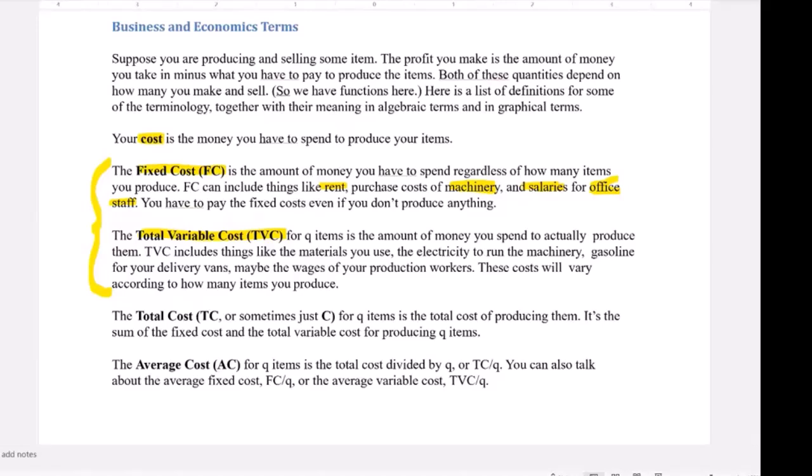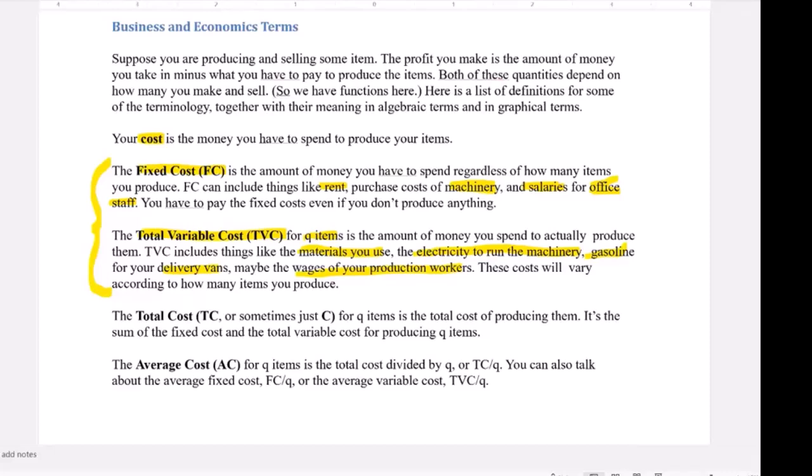Now let's talk about variable cost. Variable cost has to do with the amount of items that you make. So here they're talking about Q items. For example, things like materials you would use, the electricity to run the machines, gasoline for delivery vans, wages of your production workers.